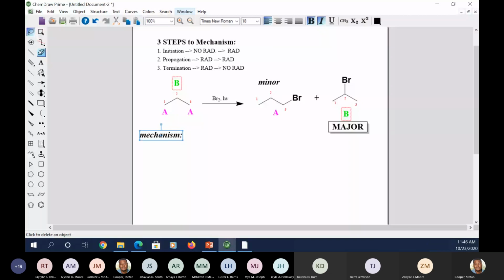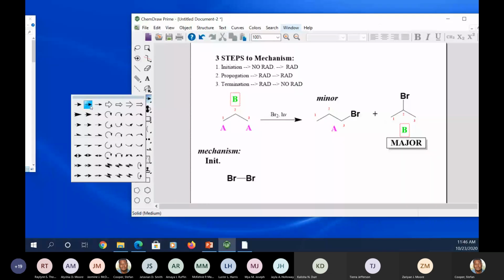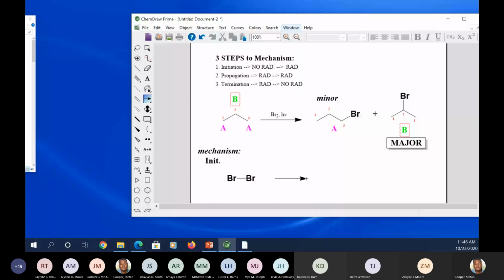All right. So first step has to be my initiation step, right? So I'm gonna take my bromine, do a what to it? So when bromine sees light, I'm going to get a homolytic cleavage.